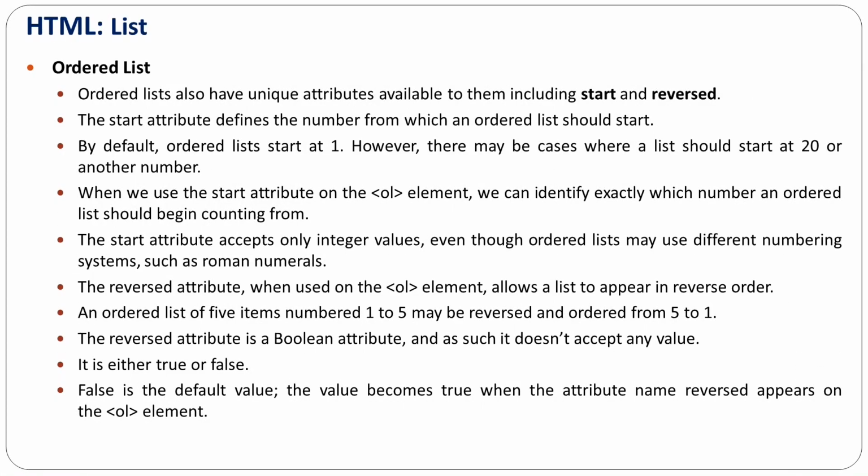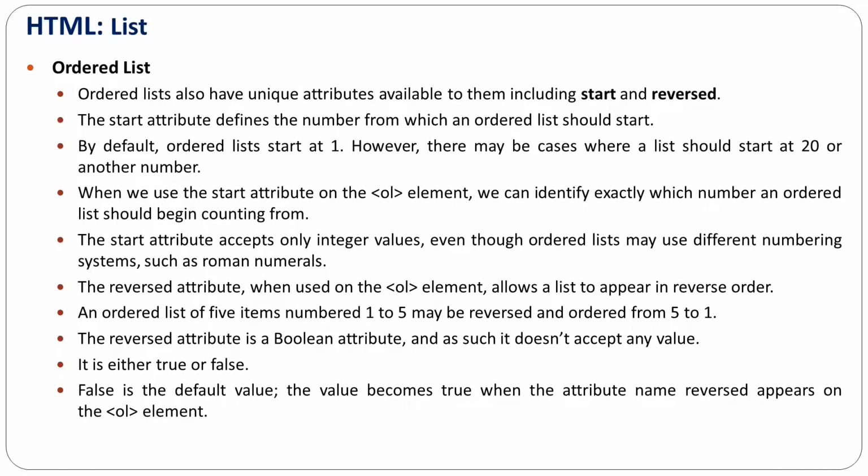Ordered lists also have unique attributes available to them, including start and reversed. The start attribute defines the number from which an ordered list is to be displayed. By default, an ordered list starts with 1. However, there may be cases where a list should start at 20 or any other number.